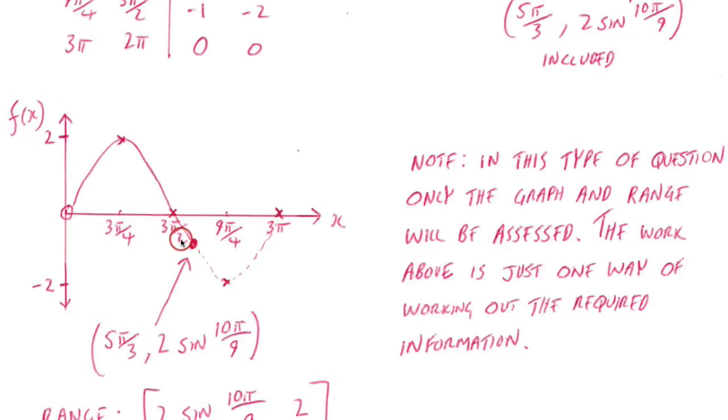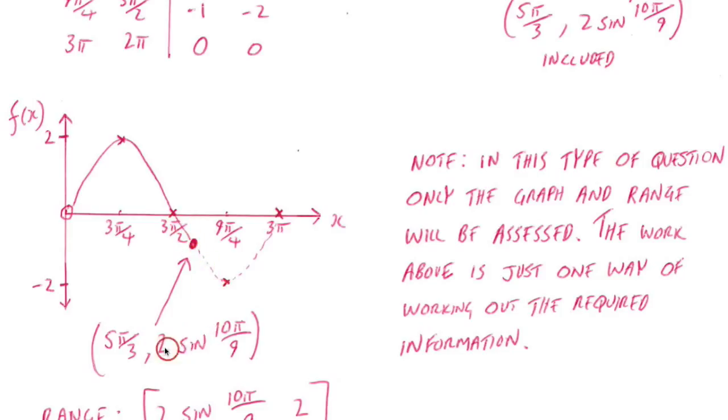So 3 pi on 2, for instance, I can think of as being 1.5 times pi. 9 pi on 4, I can think of as being 2.25 lots of pi. And of course 5 pi on 3, I can think of as being 1.67 lots of pi. So 1.67 lots of pi is somewhere between 1.5 lots of pi and 2.25 lots of pi. So I can safely say that it's somewhere along this section.